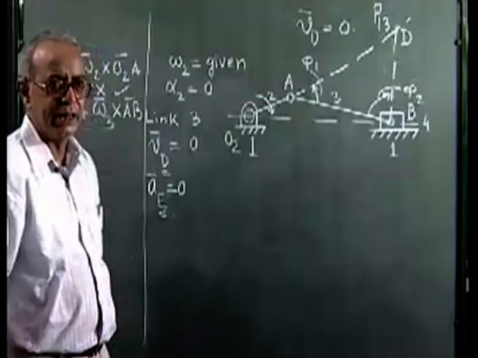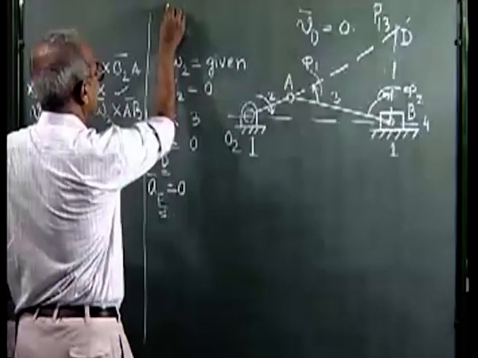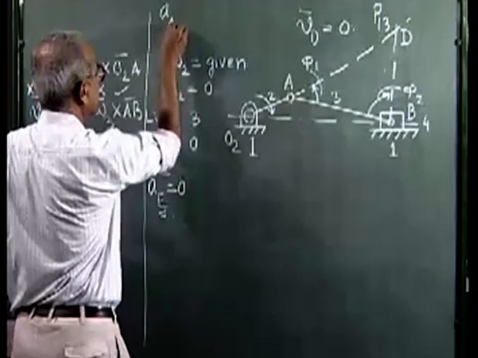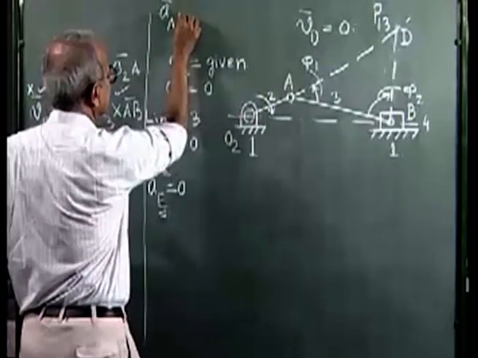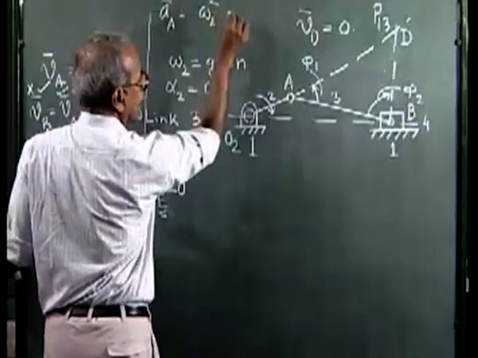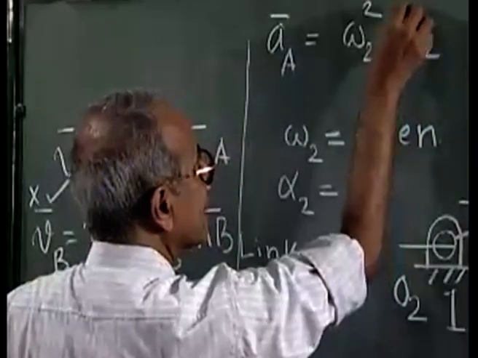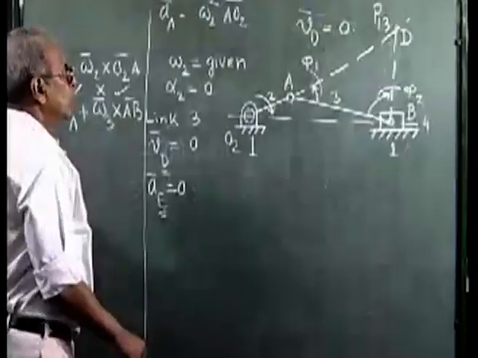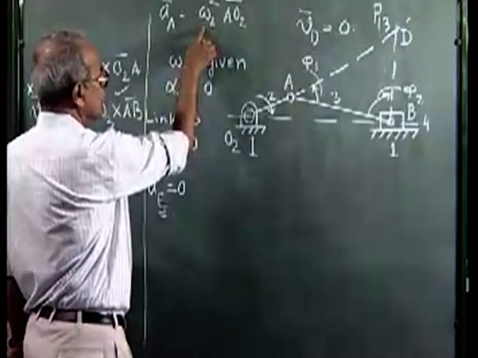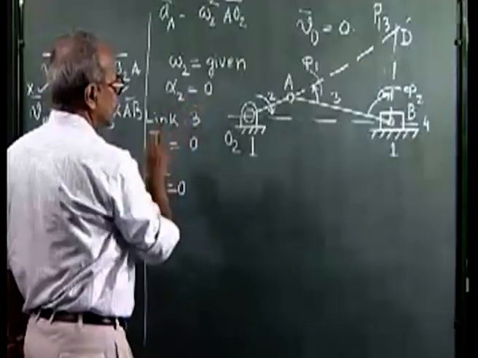the acceleration analysis. As we see, the acceleration of the point A can be written as omega 2 squared AO2, vector AO2. So this is completely known because omega 2 is given and alpha 2 we have assumed to be 0.